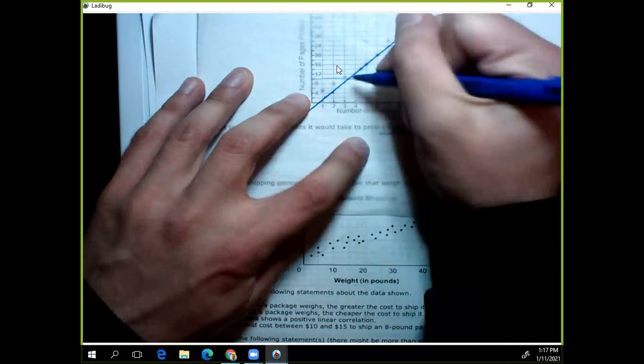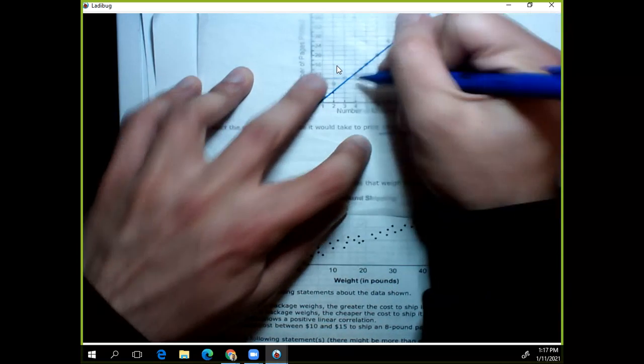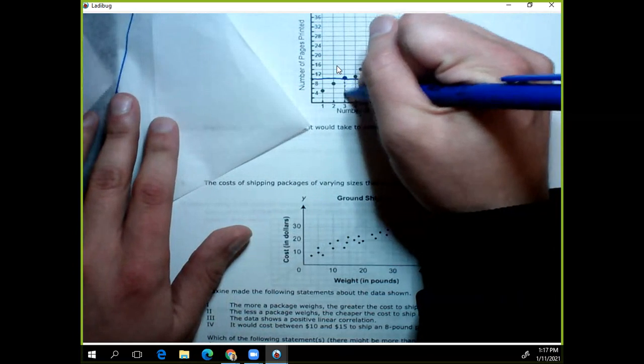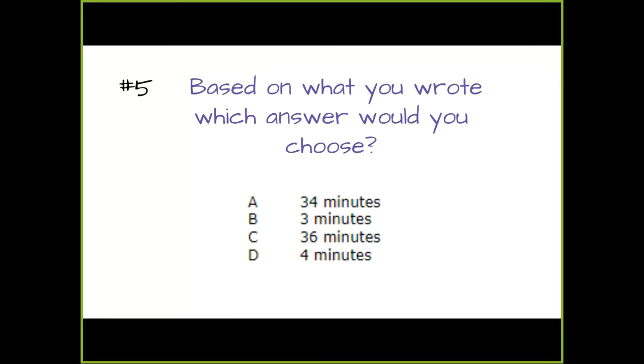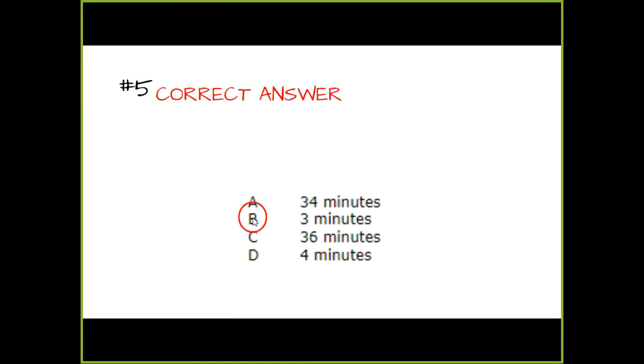So now we need to know how much it lands on when it's right here, which we said is 3. So our closest answer choice is going to be B. 36. Yeah, so you can automatically eliminate 34 and 36, A and C. That'll leave you with B and D, and that'll give you a 50% chance of getting the right answer.